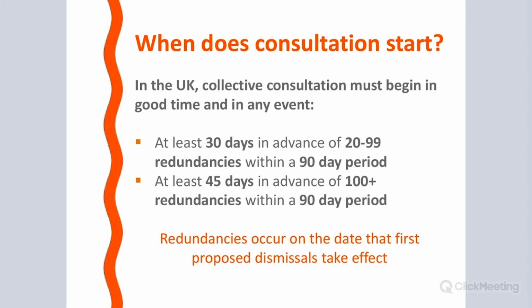So that might be after a period of notice. So when you're planning your process, you need to work out what those timescales will be and when you need to take various steps. And that might not be the same for each category of employee, depending on their notice requirement.